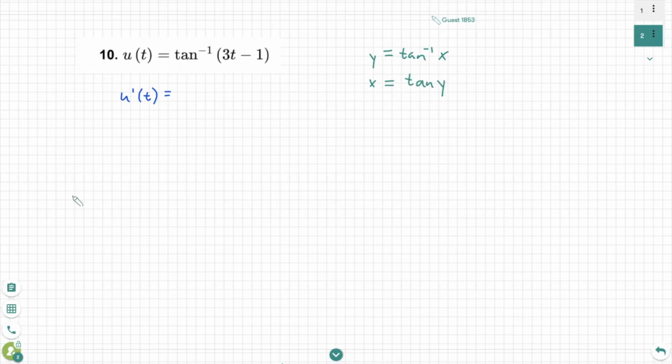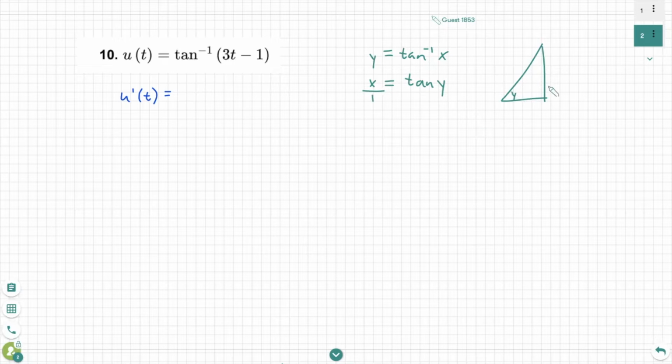Okay, and then from here, we can set up a triangle based on that equation. Tangent of y, which means that y is the angle, so let's call this y. And then it's equal to x, or x over 1.